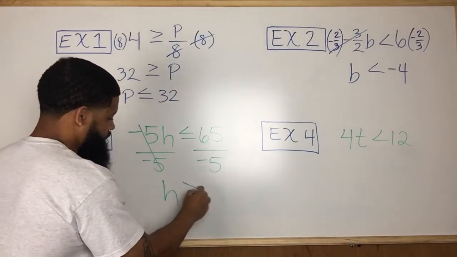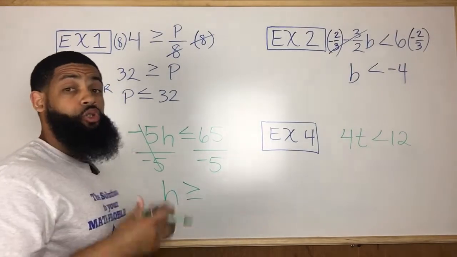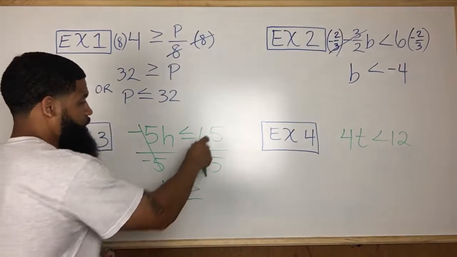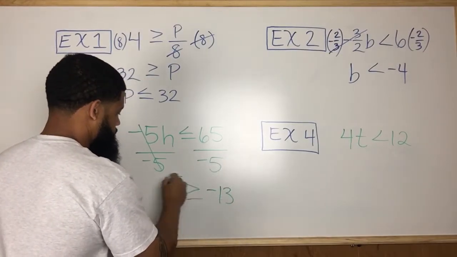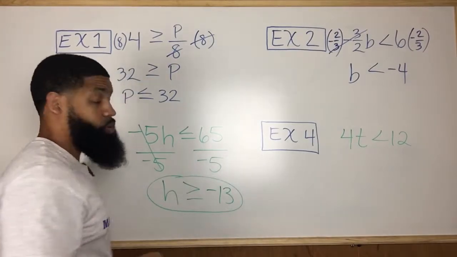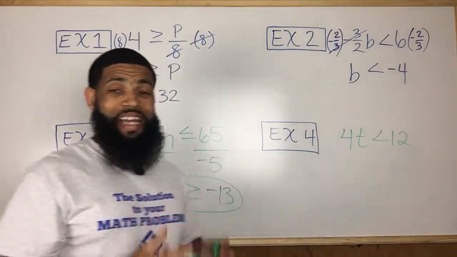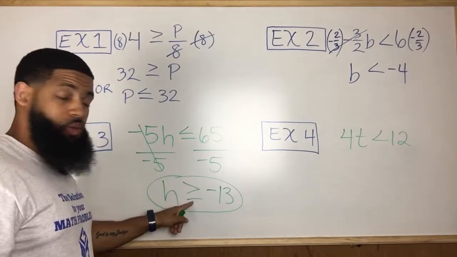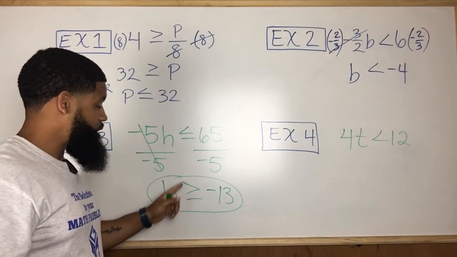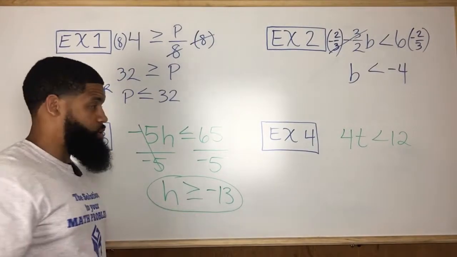However, I must change this less than or equal to to greater than or equal to. And then 65 divided by negative 5 is negative 13. Okay? So please remember, whenever you multiply or divide by a negative when solving an inequality, we have to flip that inequality symbol, and now it becomes h is greater than or equal to negative 13.